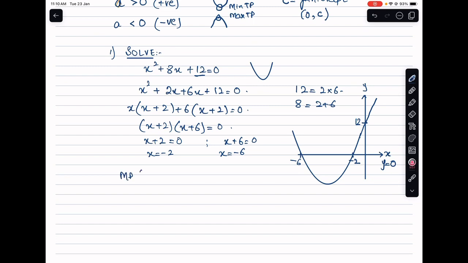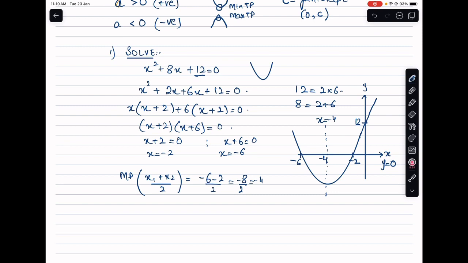I know that the midpoint is x1 plus x2 divided by 2. So that can be -6 plus -2 divided by 2, which gives me -8 divided by 2, and my answer is -4. Meaning x equals -4 is actually the line of symmetry of this curve.